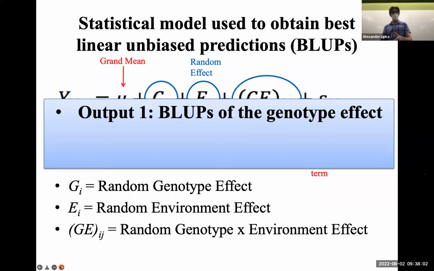We have to call them predictions. So if we want to obtain our genotype effect for each of our n genotypes, we'll fit this model and obtain our BLUPs.